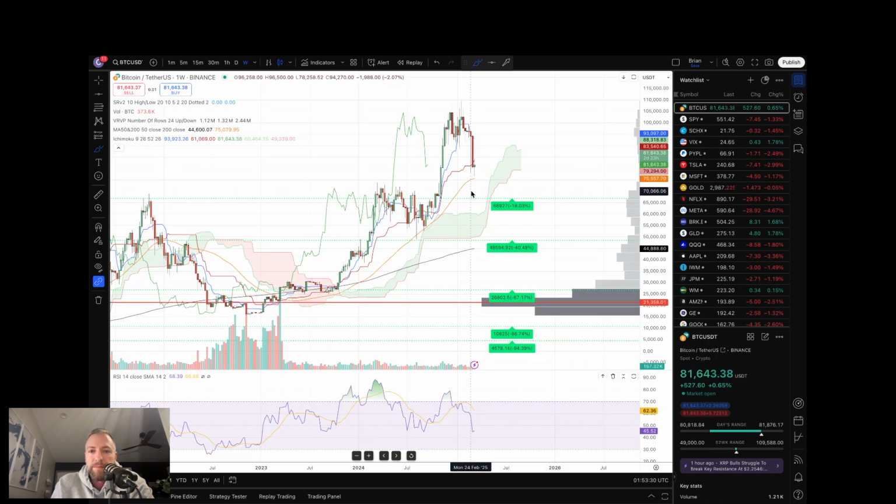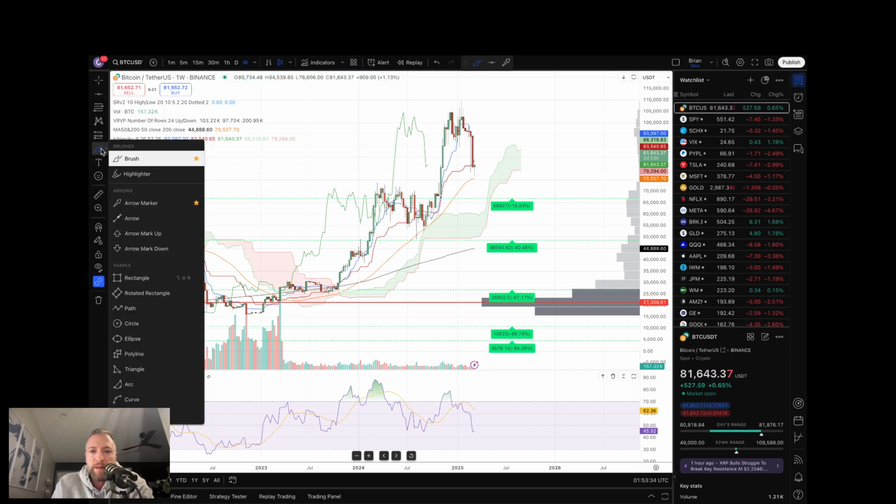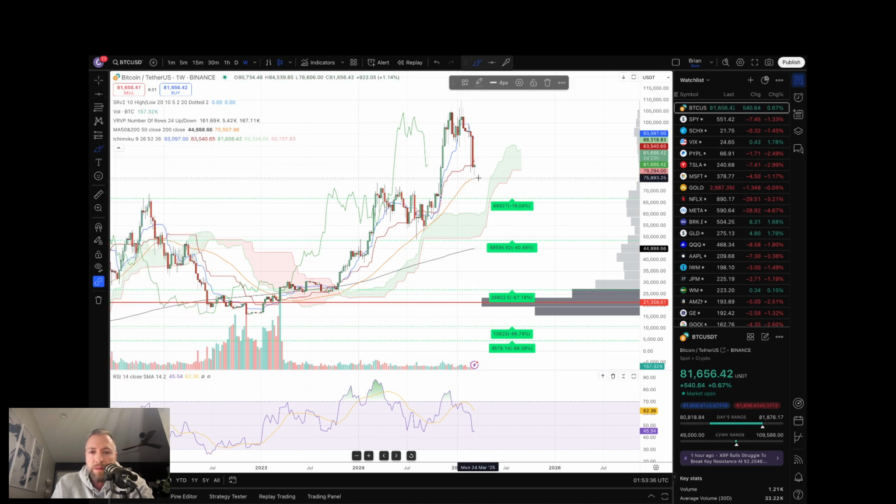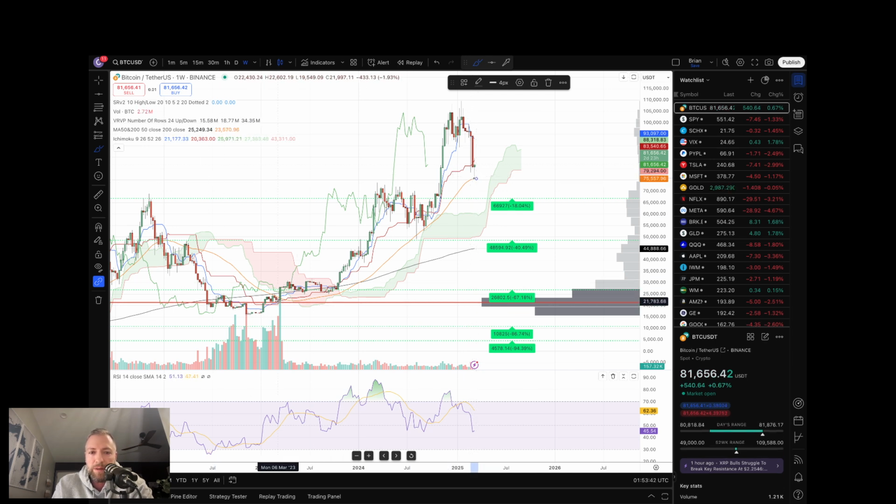The weekly, you can see right here, we almost bounced right perfectly at the 50-day moving average. And you guys will see that a lot of times. The stock will trend along that 50-day moving average, bouncing off of it, moving higher, bouncing off of it, moving higher. So that's something to keep an eye on too, is if it's going to break below this 50-day moving average, where's the next resistance level?